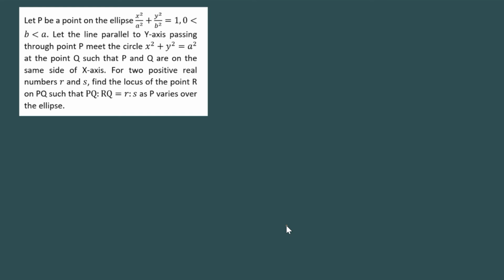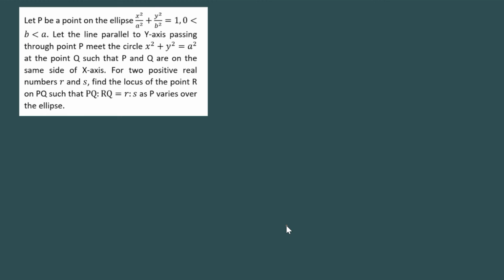The problem says if you take a point P on the ellipse and draw a line parallel to the y-axis, it's going to cut the circle at, let's say, Q, and P and Q are on the same side of the x-axis. The line PQ is divided at R in the ratio R is to S.